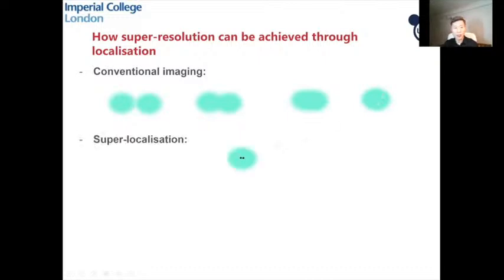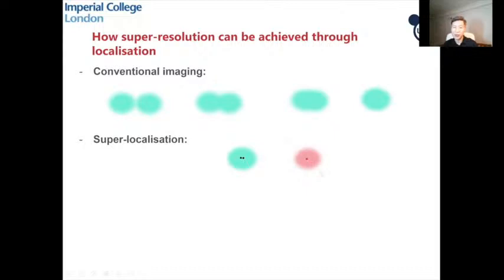However, in a superlocalization-based approach, here again, you have these two scatterers, with their images almost all overlapping. But if you have a way to actually turn each one of the two scatterers on and off, first you turn the left on, then you get an image, then you can localize it and find the centroid, the center of mass.